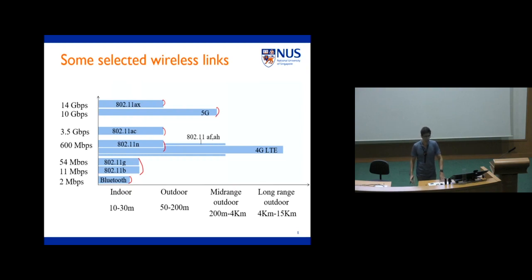Maybe they support a few megabits per second, but they can propagate very long distances, and they can support access by so many users. They can coordinate so many users to communicate with the same base station, same access point. So 5G is pretty diverse in that sense.